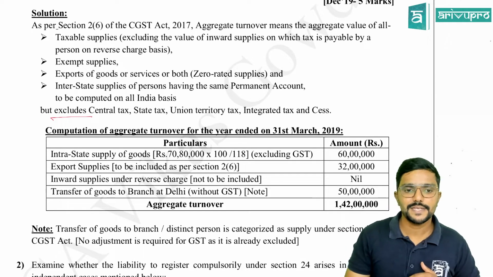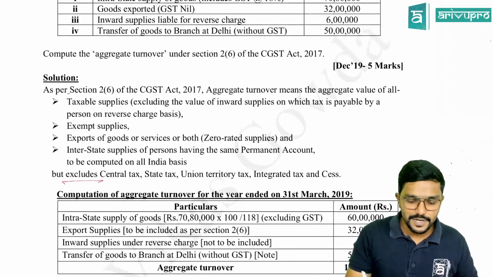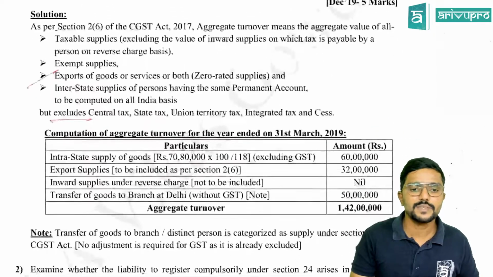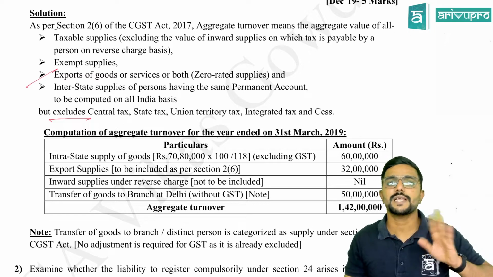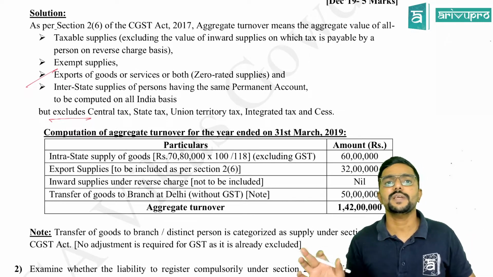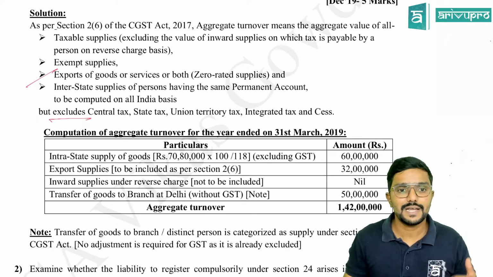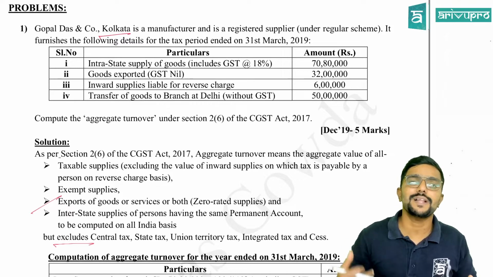Next, export supply is a zero rated supply. Your aggregate turnover includes exports. Next, inward supply under reverse charge mechanism. Inward supply on which the recipient is liable to pay tax will not be included in the recipient's turnover. It will be included in the supplier's turnover. Here for Gopal Das, there is an inward supply on which Gopal Das is paying tax.